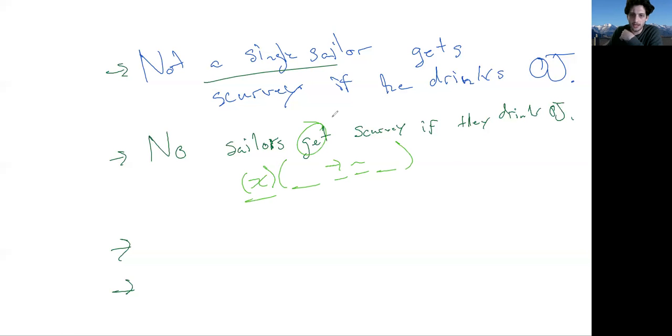right? So this guy is like my R right now. So this is my arrow. So for everybody out there, if you're a sailor, then it's not the case. And so now I just need to translate this. So that sentence is just, so if, right, so we're just trying to say, if they drink OJ, then they get scurvy.